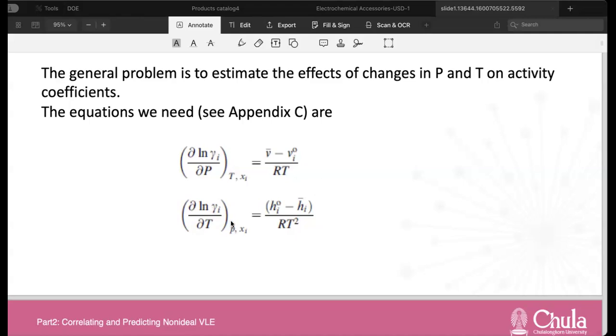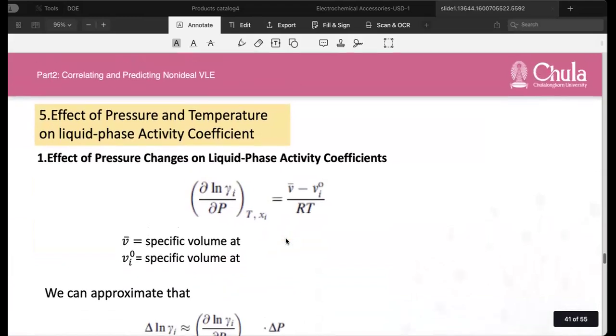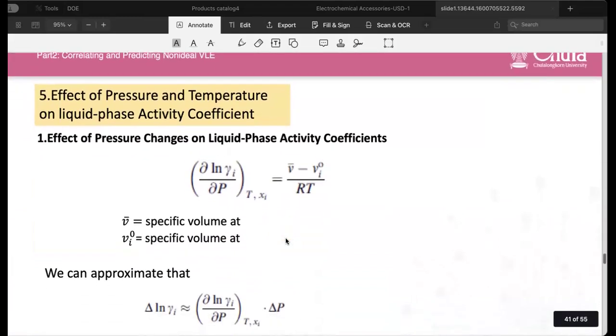If you know the heat of mixing as a function of T, of course you can integrate it, no problem. You can estimate how activity coefficient changes when temperature changes. This is the effect of pressure and temperature.